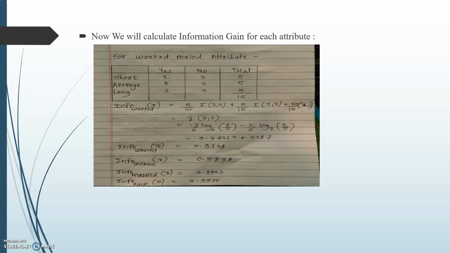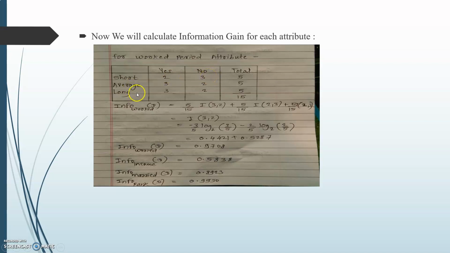Then we will calculate the information gain for each attribute. Here I have taken the work period attribute. For work period, for a short period of time, the total number of employees is 5, of which the number of yes is 2 and the number of no is 3.